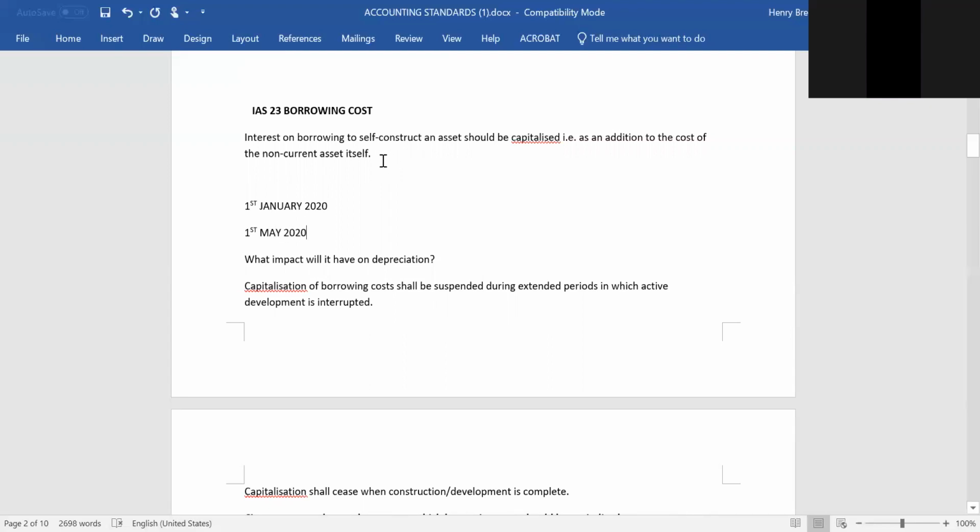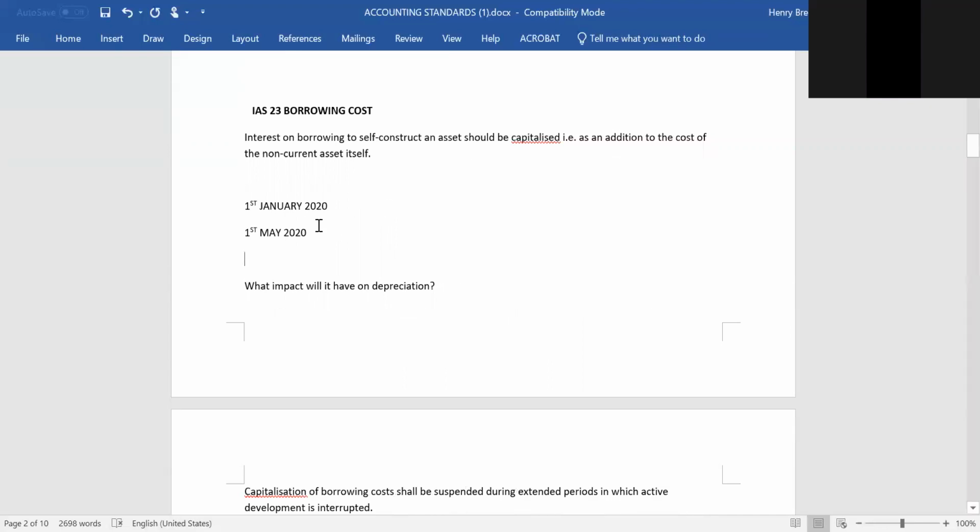So if we started using the loan to self-construct the asset on 1st May 2020, then that is where the capitalization of the interest cost has to begin. We cannot capitalize the interest from 1st January, though that is the point where you went for your cash, let's say $50,000. That is the point where you went for the loan.